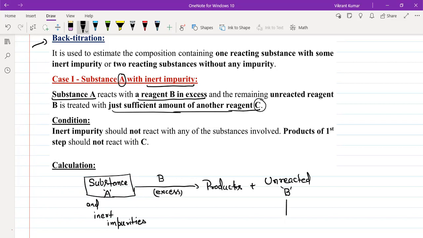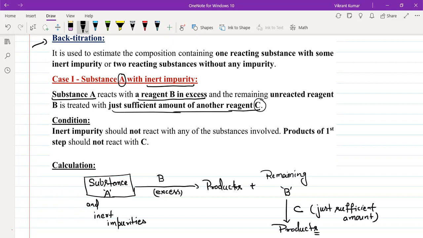Now this unreacted B will be undergoing a reaction, और remaining B कहूंगा मैं, I'll say remaining B. Remaining B will be treated with substance C, and then it will be just sufficient amount, जितना चाहिए उतना ही. मतलब you are doing that estimation कि कितना चाहिए और उतना ही ऐड किया, and then you will have some other set of products.